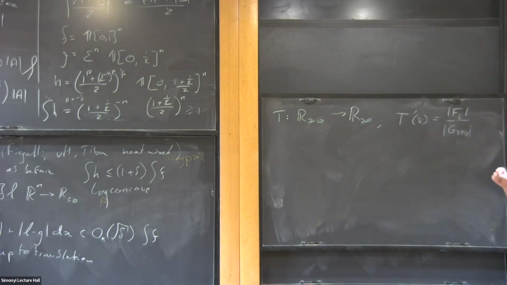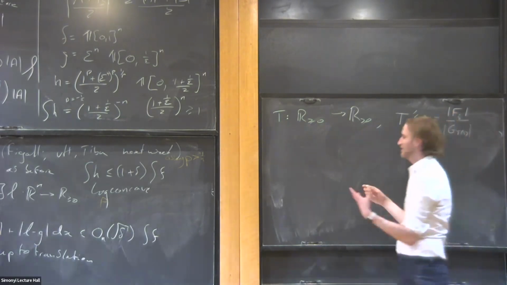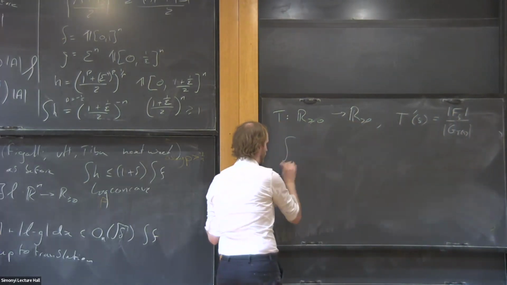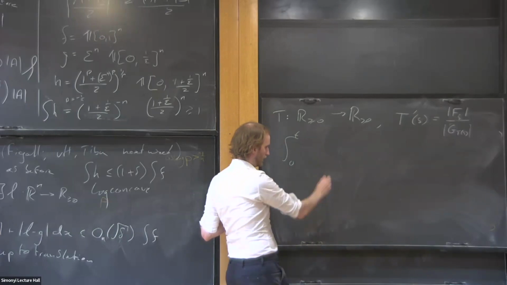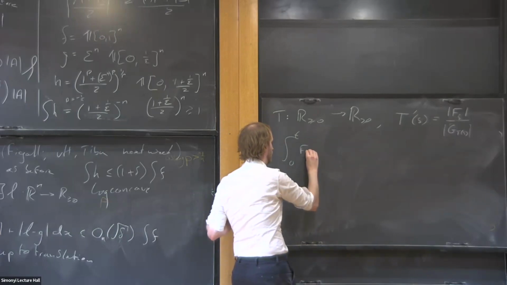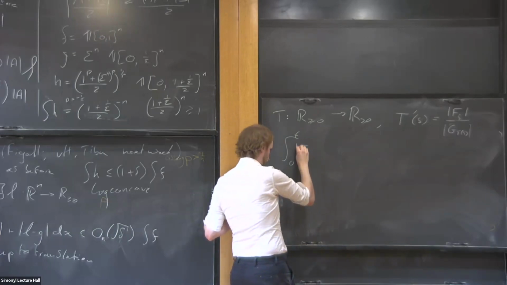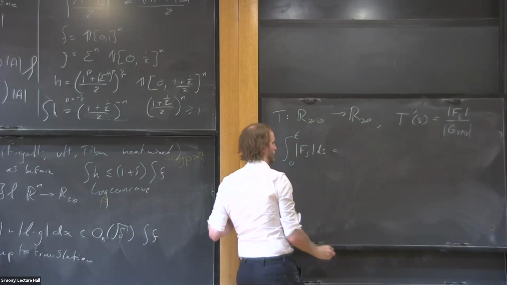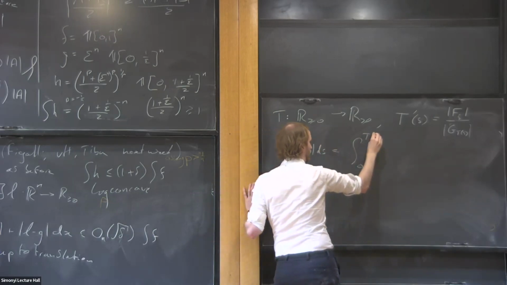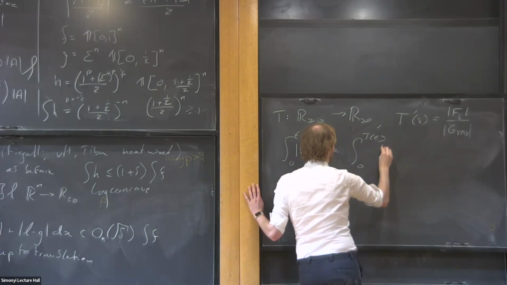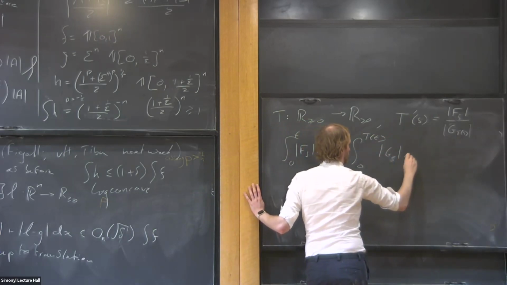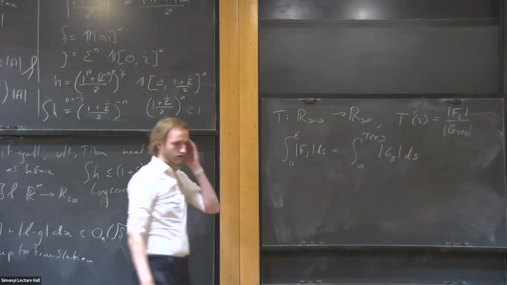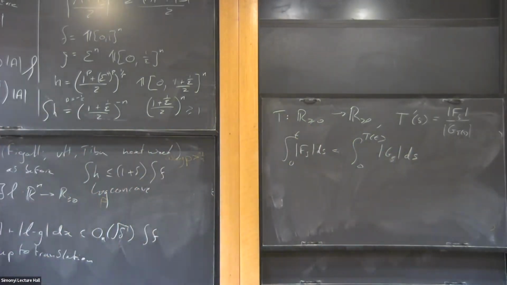This is a local way to think about this transport map, but maybe an easier way is thinking that the integral from 0 up to t of the size of the level sets of f at s is the same as the integral from 0 to T of t of the size of the level sets of g.